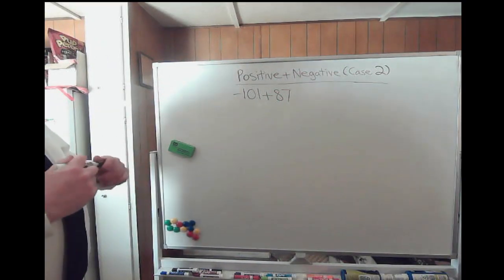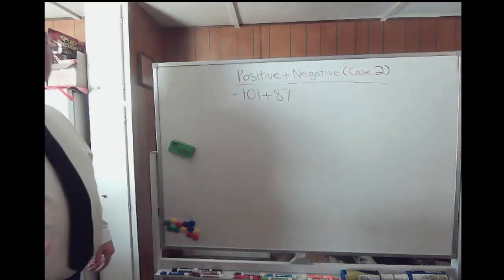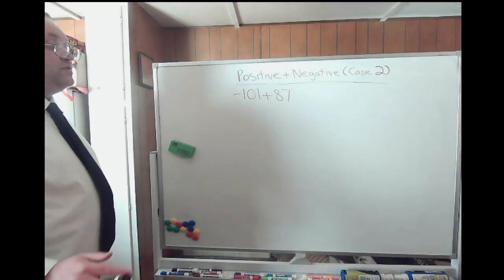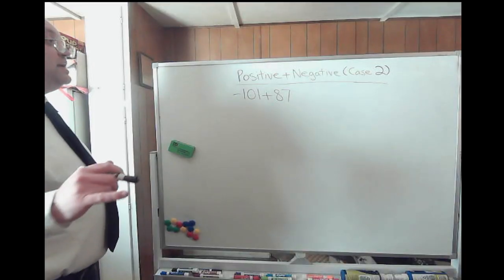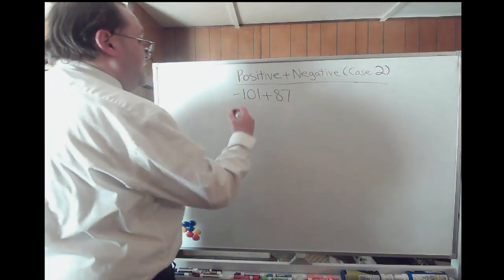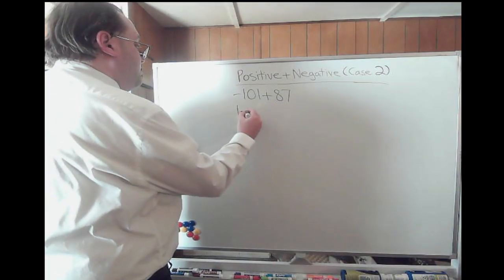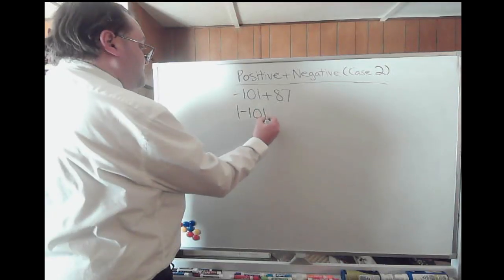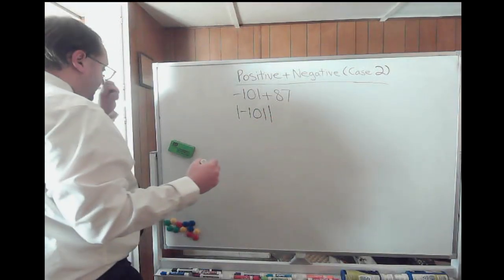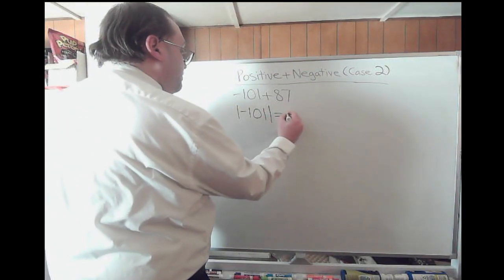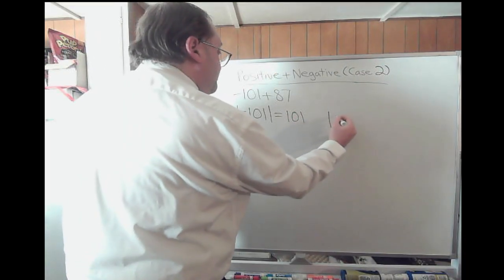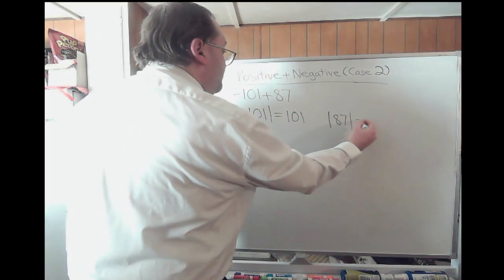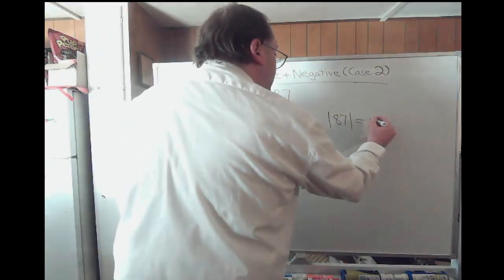Of course, like you would in case 1, what you can do first is take the absolute value of each term, because you want to find the nature of your solution first. You're going to have the absolute value of negative 101, that's positive 101. The absolute value of positive 87, well, that's just positive 87, right? Okay.